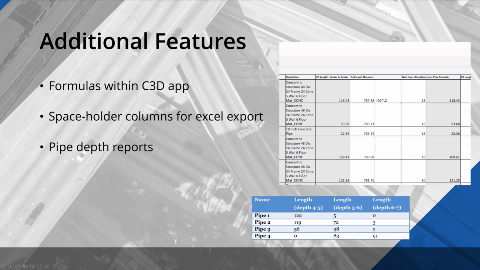We're going to be able to create pipe depth reports. So I mentioned this earlier, we'll run analysis and check depths, basically cover based on invert or top of pipe on given pipes, and add up the lengths based on user settings we get to control, and build out a table for you like this, right in the app or to push right to Excel.